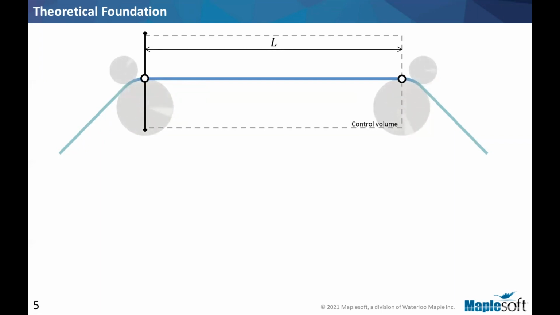So we have a span that material flows in and goes out. As the rollers show, the material is assumed to go from left to right. The tension on side A is TA, the tension on side B is TB, on the boundaries. The velocity of material coming into the control volume is VA, and leaving the control volume is VB.